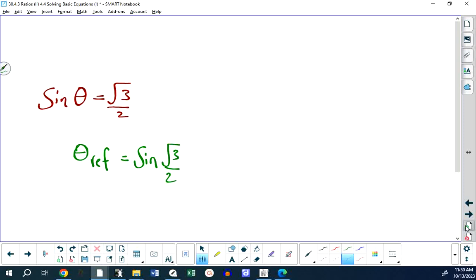Use your calculator to find the reference angle. Put it in degrees. Regardless of what final answers you want, put it in degrees so you recognize it. I'm really hopeful that most of you understand it's going to tell you 60 degrees. Go ahead and find the reference angle on your calculator. You'll get 60. Where is sine of theta positive?